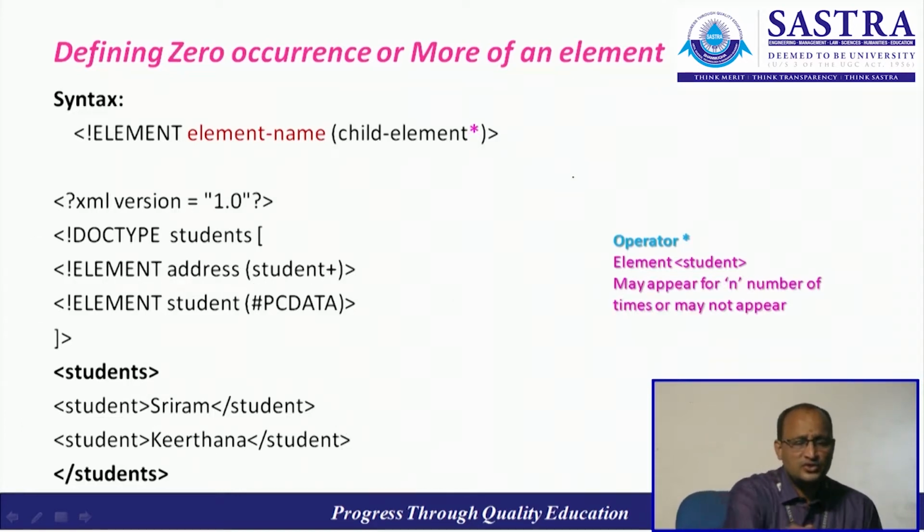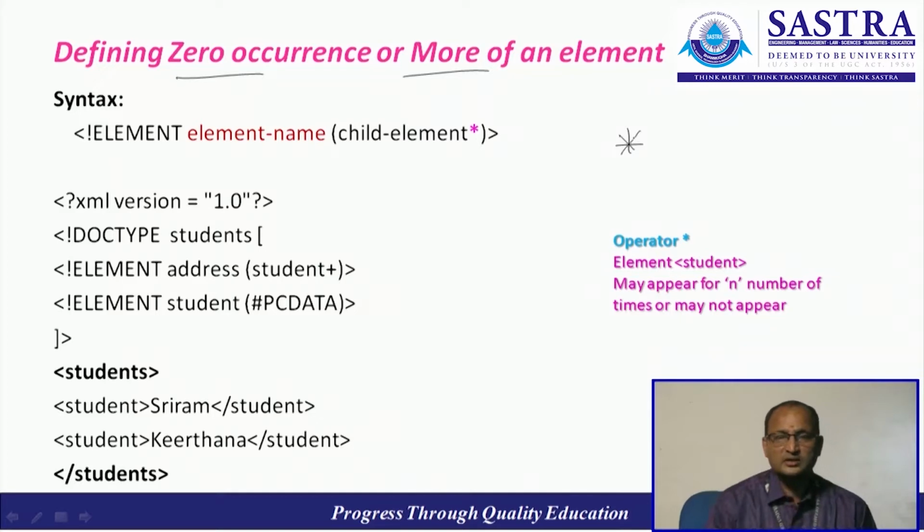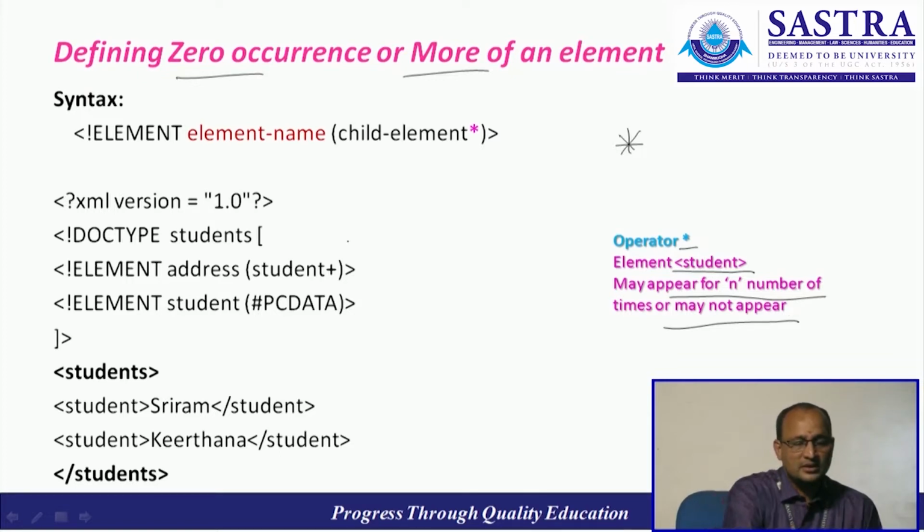Next, 0 or more. The symbol is asterisk mark. The operator asterisk means the element student may appear for n number of times or may not appear. The option is 0 times. Minimum, if you want to skip the particular element, we can go for asterisk mark.